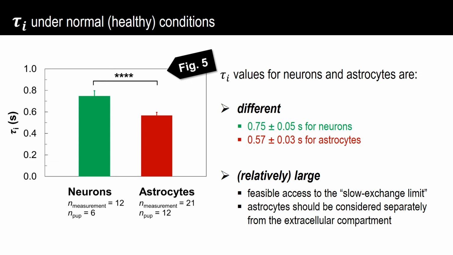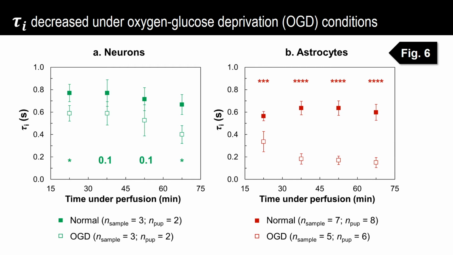We have looked at the scenario where tau I was measured for cells under normal, healthy conditions. In another scenario, we cut off the oxygen and glucose supply in the perfusion system. And this oxygen-glucose deprivation condition is a widely used model in cultured cells mimicking the ischemic injury in the brain.